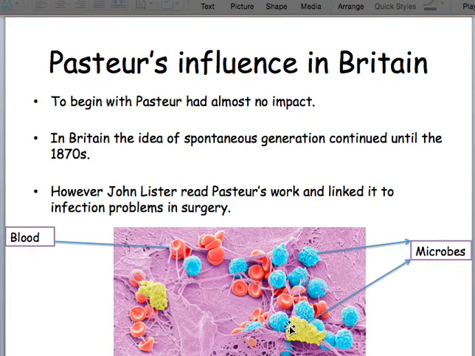So it was very difficult for people to understand what caused disease and what didn't cause disease. And therefore, as a result of this and the lack of evidence, Pasteur's theory had limited impact on Britain.